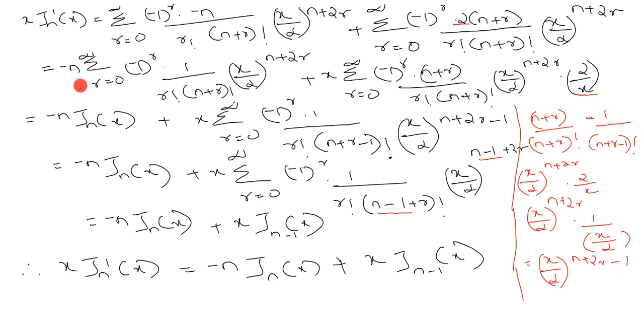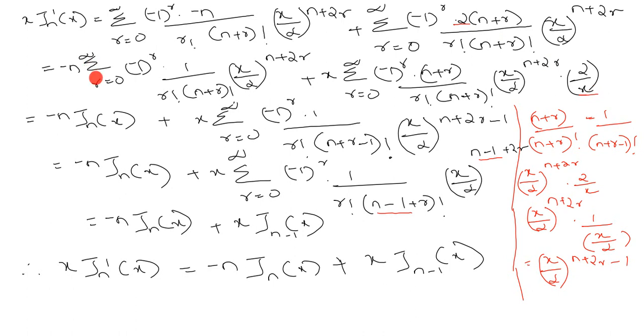So taking this minus n outside the summation, we can write minus n sigma r = 0 to infinity (-1)^r into 1/(r! (n+r)!) into (x/2)^(n+2r) plus x, with which it is multiplied, into sigma r = 0 to infinity (-1)^r into (n+r)/(r! (n+r)!) into (x/2)^(n+2r) into 2 by x.